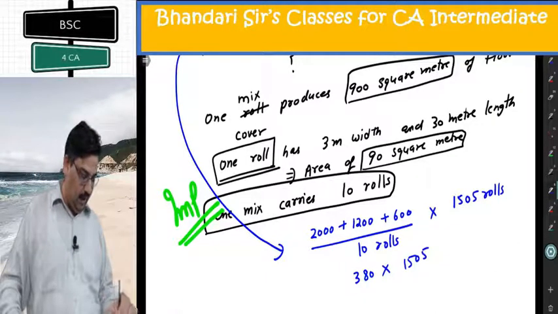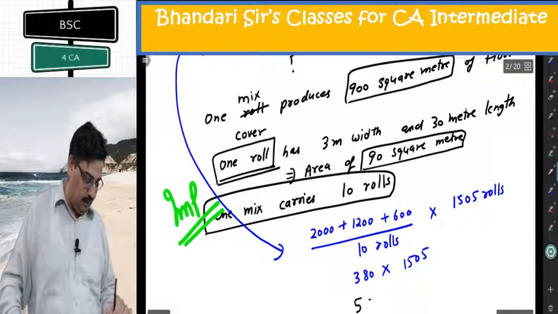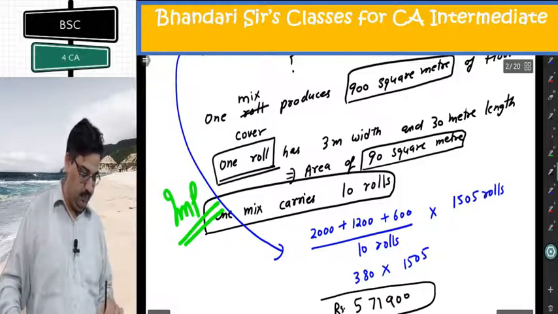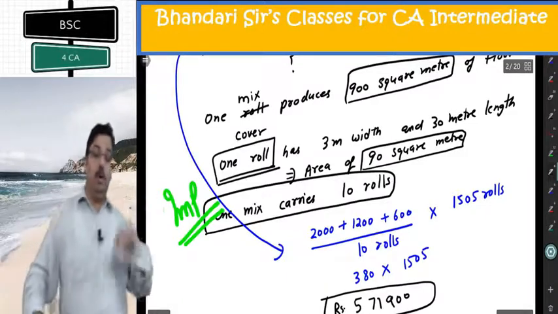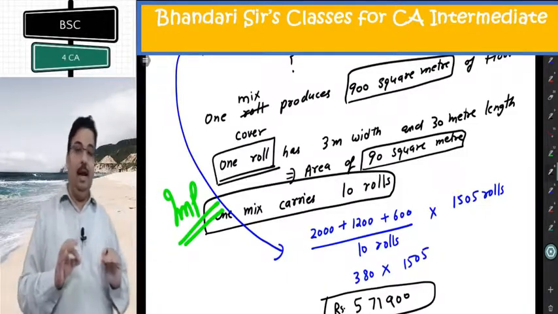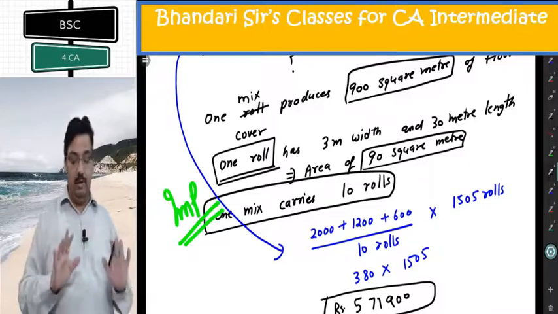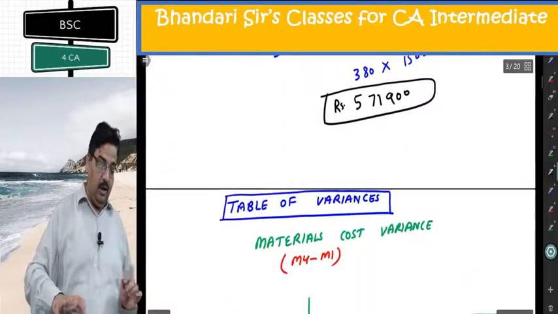This is 5,71,900 rupees. So 2 points good in this question, M3 and M4. Everything else was very simple. Let's put in table.